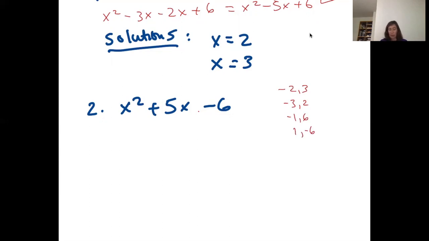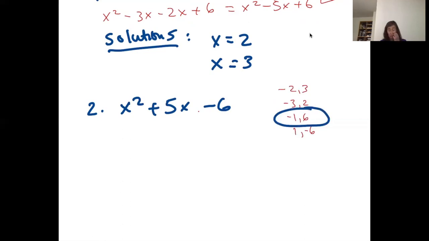Looking at those pairs, which set of these, if any, add up to 5? Well, we're not going to get 5 with the 2's and the 3's here because they have different signs. But look at this. 6 plus negative 1 equals 5.